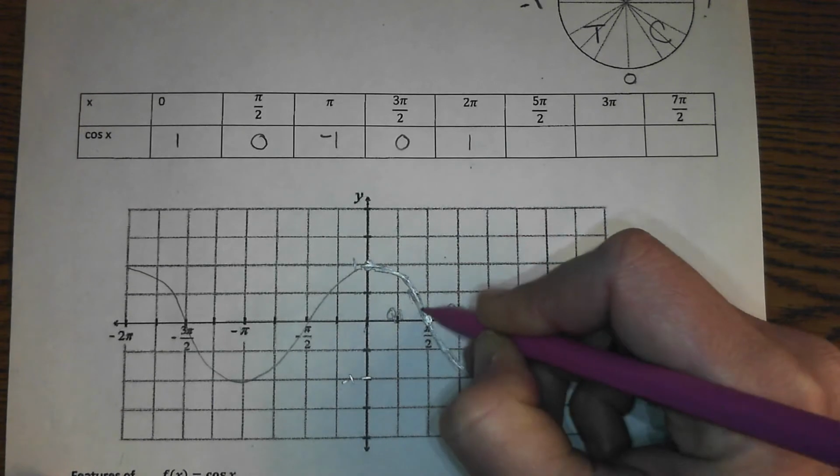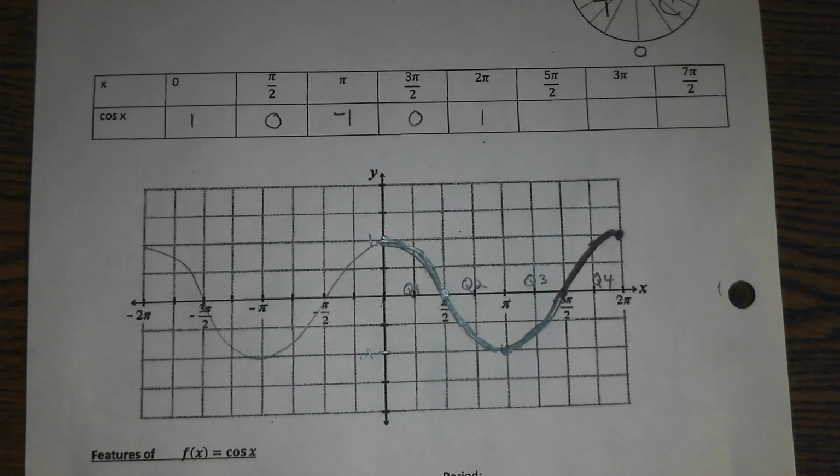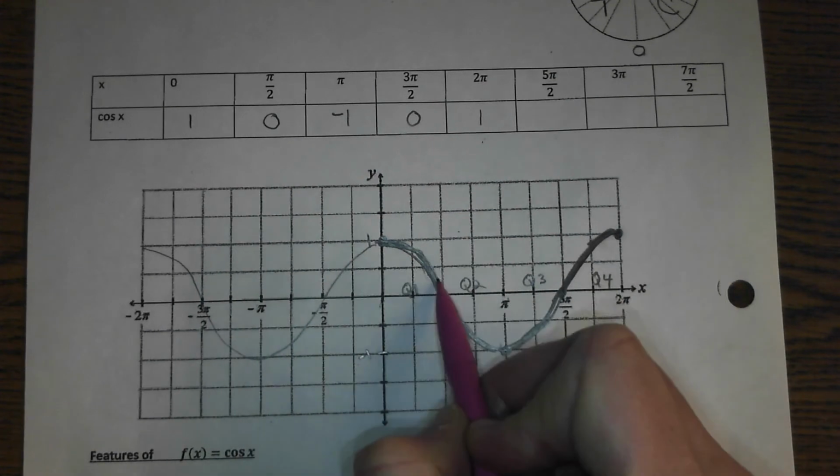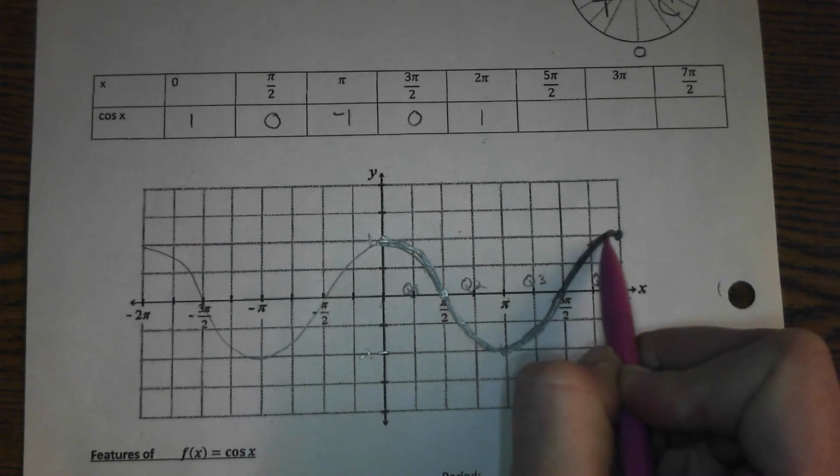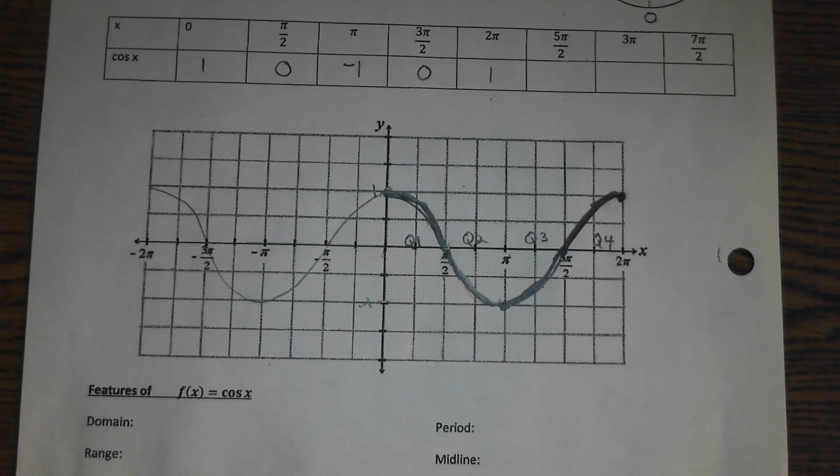And then once we get that stretched, compressed, shifted, whatever has to happen to it, then we'll just continue the rest of the graph in the same pattern. But you really focus on just one cycle in getting that location down and then extending it as necessary.